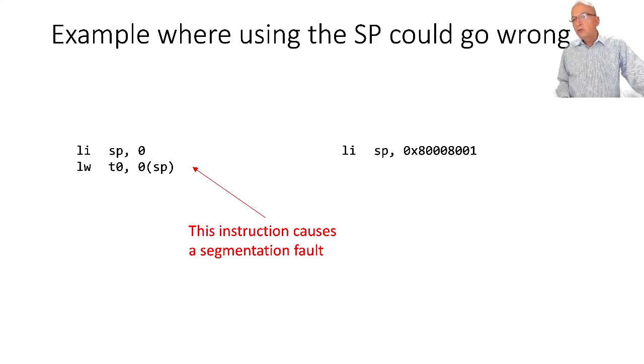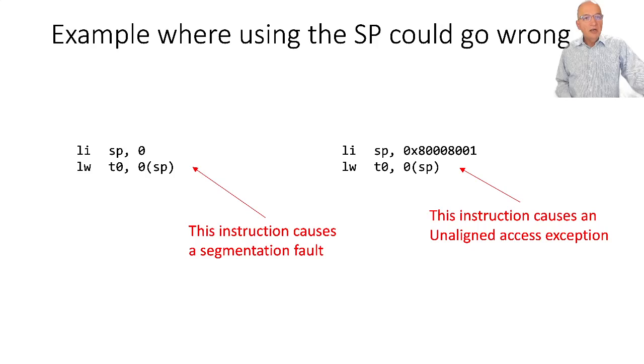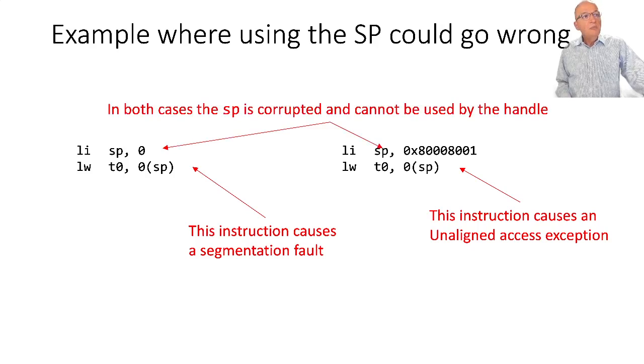Another one would be to load an odd address into the stack pointer. This will cause an unaligned access. In both cases, the stack pointer is corrupted, and you cannot use the stack pointer when you are processing your handler. The way RISC-V enables you to use the stack pointer for the user level interrupts is because these exceptions would go to the operating system, so they would go to the supervisor level, and in the supervisor level, you're not going to be able to use the user stack pointer.